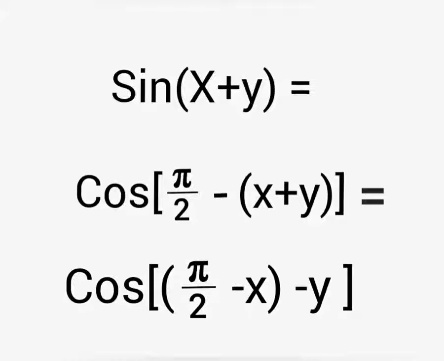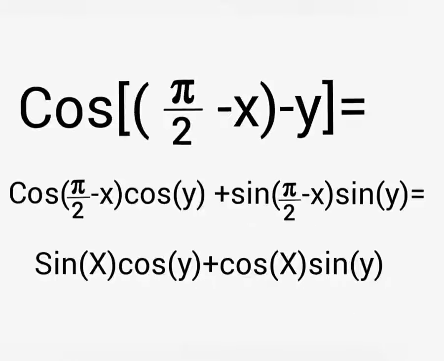Now we can write sin(x + y) is equal to cos(pi/2 - (x + y)), as we know that cosine of pi by 2 minus theta is equal to sine of theta. That is further equal to cos((pi/2 - x) - y). Now we use the result of cos(x - y). We treat pi/2 - x as x and y as y.